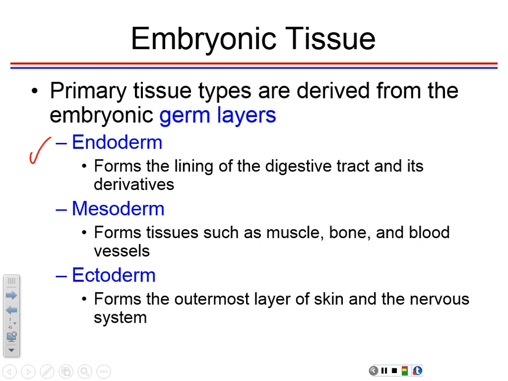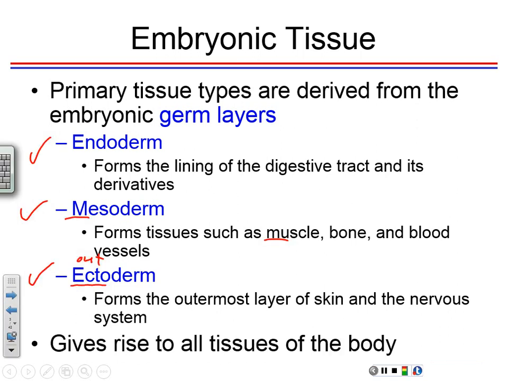The mesoderm will give rise to muscles, and bone and blood vessels. Meso, middle, muscle, okay. So the mesoderm will give rise to muscles, and the ectoderm will give rise to the skin, to the outside. Ecto means outside, and so that will give rise to the skin, and also the nervous system. The nervous system is actually internal, but it arises from the ectoderm. All right, skin and nervous tissue arise.